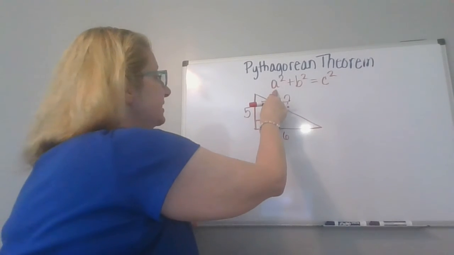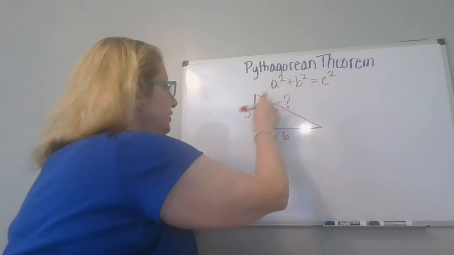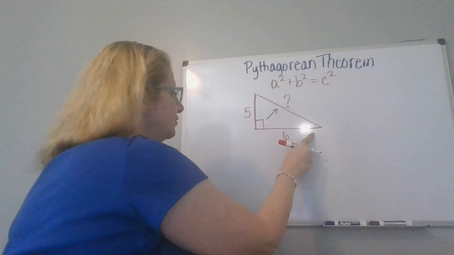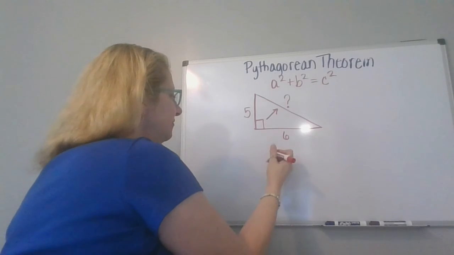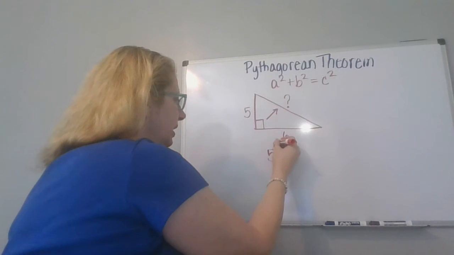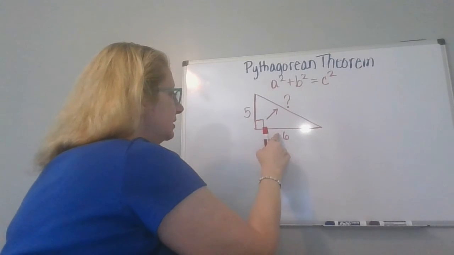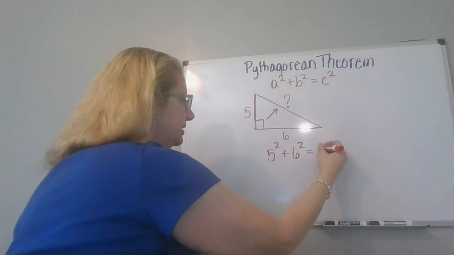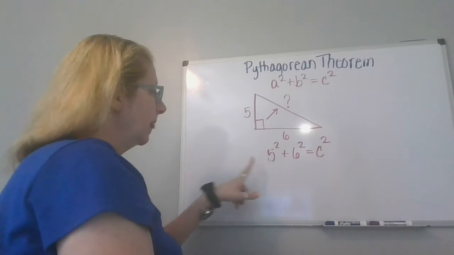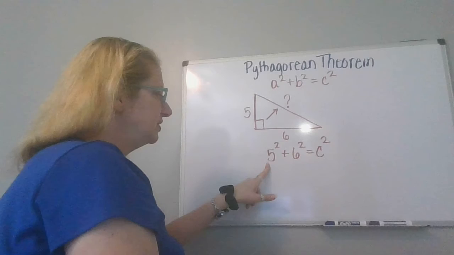So we're going to do the sum of the squares of our 2 legs. Here are our 2 legs. Remember, the 2 legs are going to touch that right angle. So we have 5 squared plus 6 squared is equal to c squared. So let's think about this. What's 5 squared?